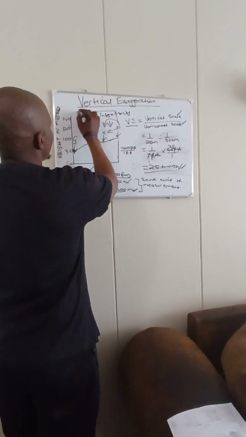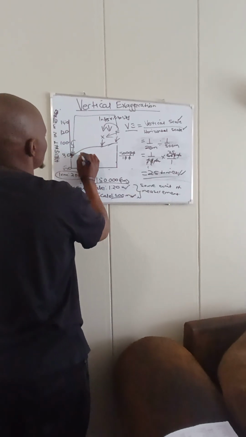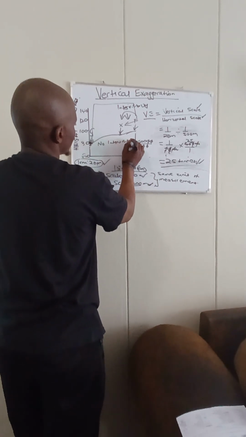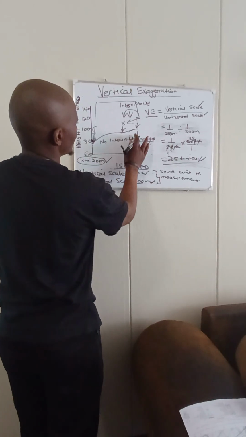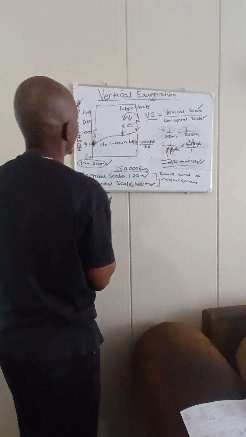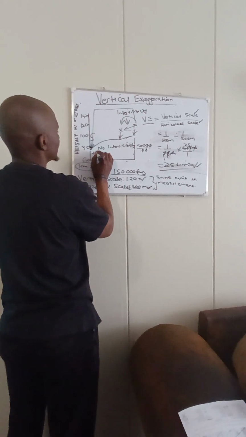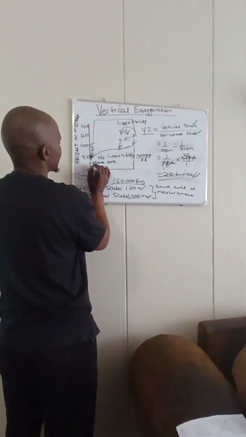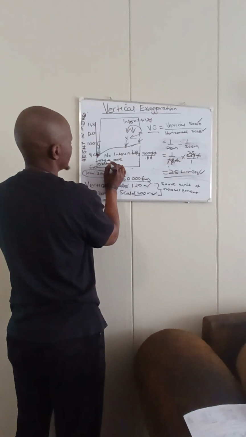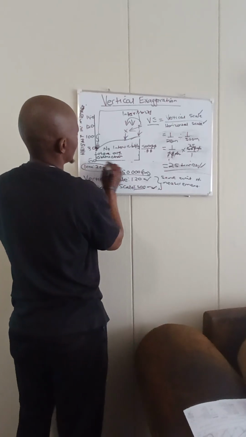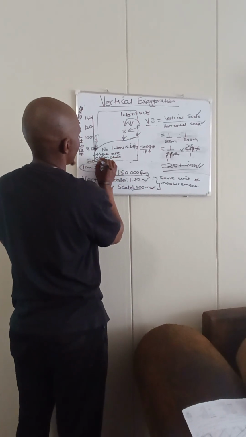Then from there up to there is no intervisibility. Why? Because there are obstructions.